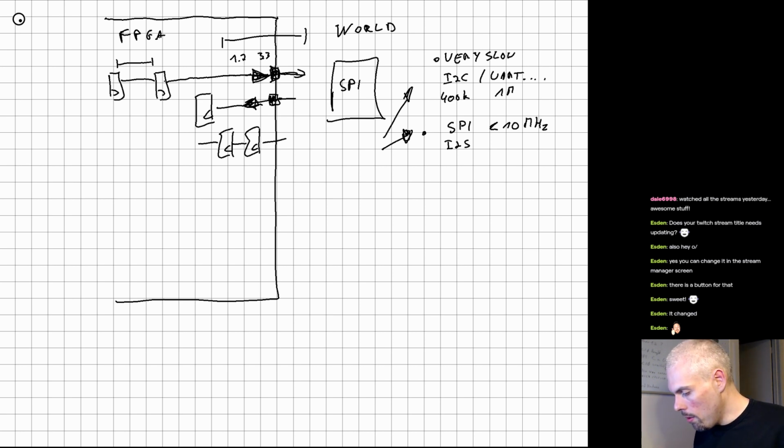Then we have the third kind of IO, which would be something like what we're going to be talking about here, like SPI at 50 to 100 megahertz. SDRAM would be the same category actually.